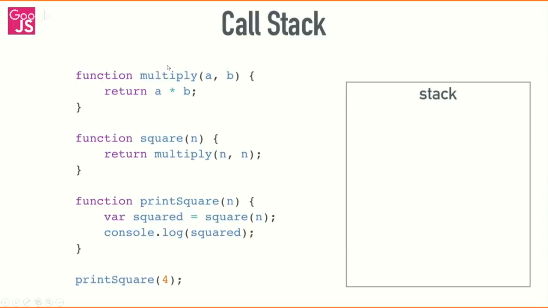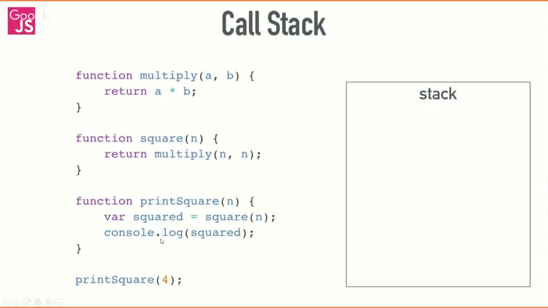So when multiply returns, we get into this return statement, which is the result of this return statement, which is 16. And once this square function returns, we remove it from the stack as well. And we get into the print square function. This squared variable here is now equal to 16, as that's what is returned from the previous functions.